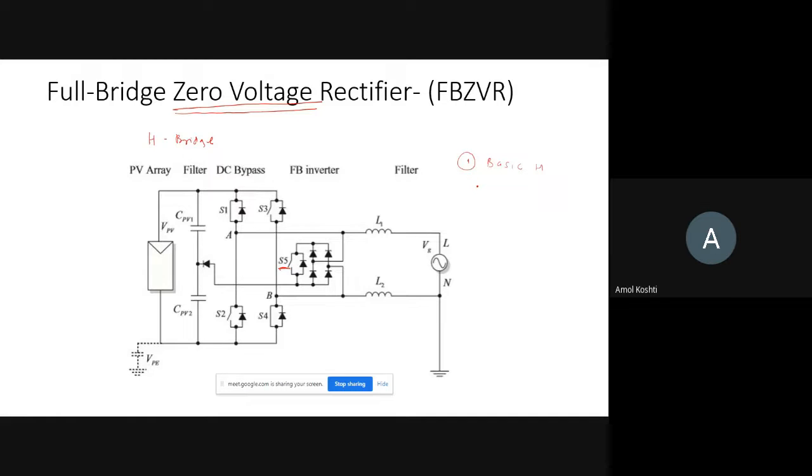Then we studied the H5, where one more switch is added, manufactured by SMA. Second, we studied the Herric, manufactured by Sunlight. Third, we studied the REFU inverter, which is itself a manufacturing company. The REFU inverter name and the company name are both REFU.